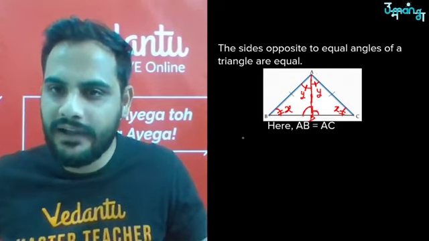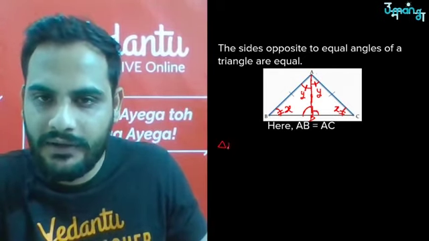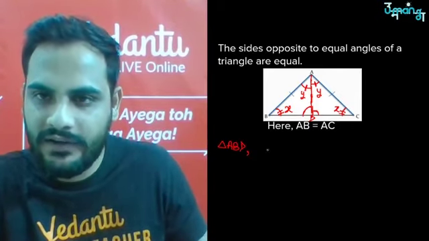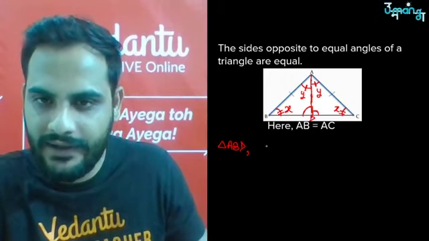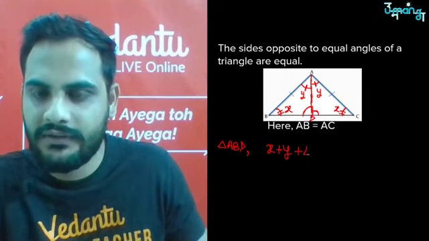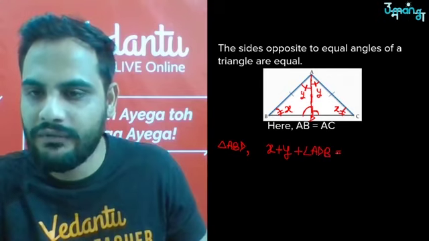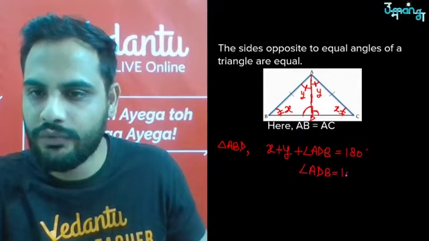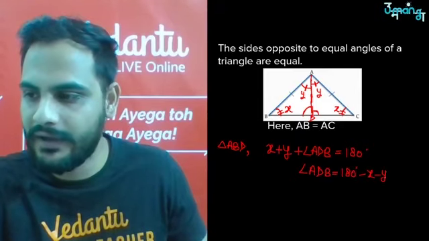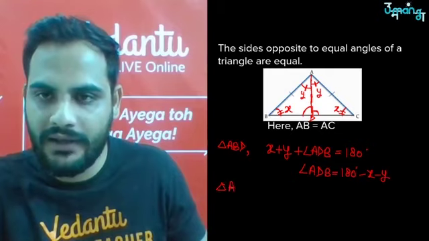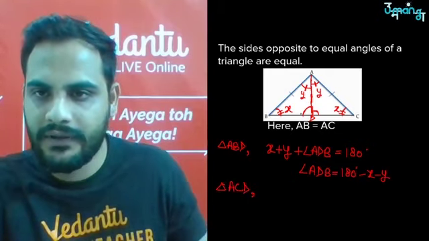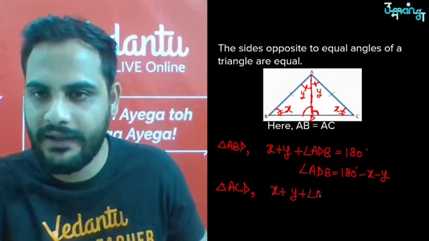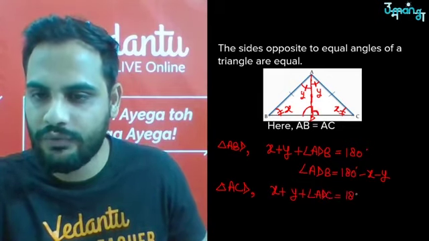If I use the triangle angle sum property in triangle ABD, I will say that X plus Y plus angle ADB will be equal to 180 degrees. So you got angle ADB is equal to 180 minus X minus Y. And in triangle ACD, using angle sum property, X plus Y plus angle ADC is equal to 180 degrees.